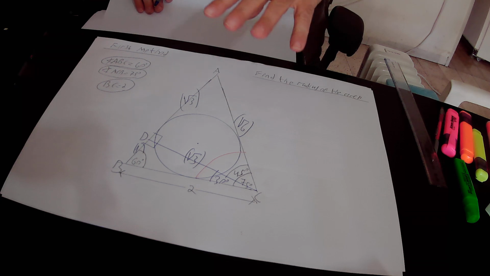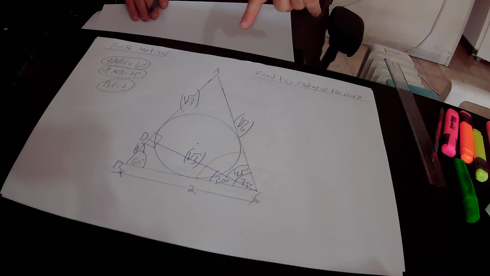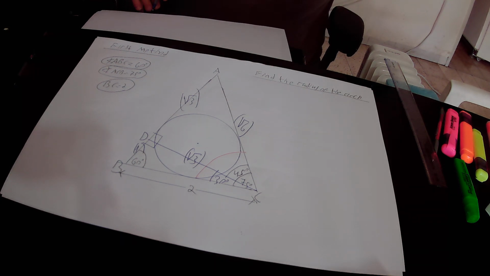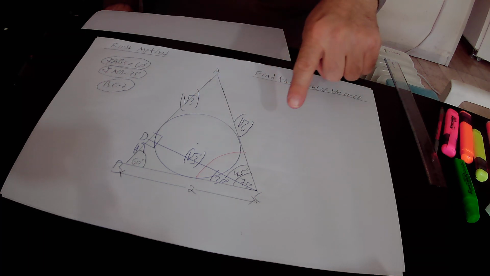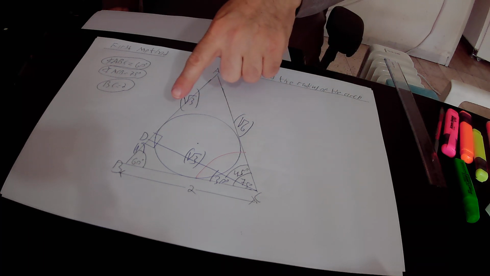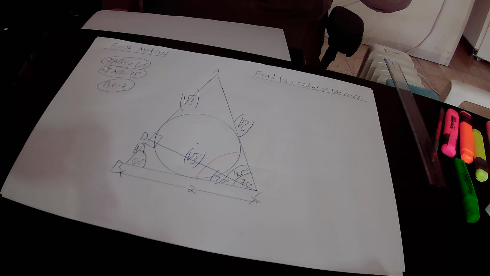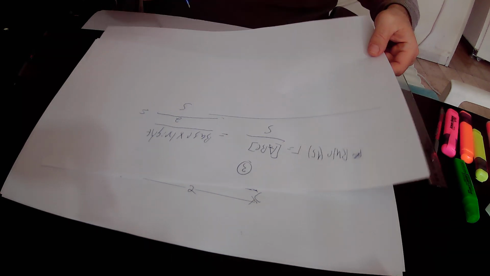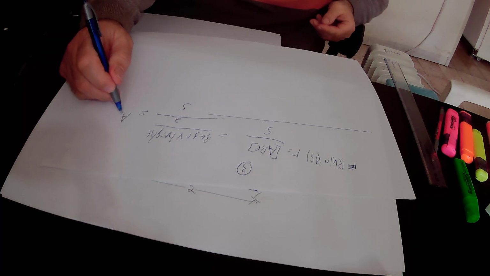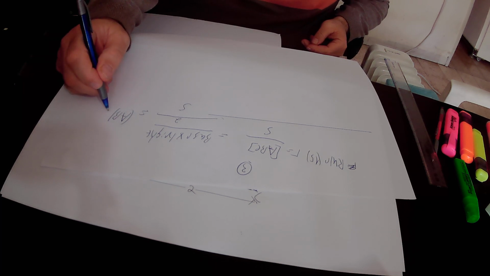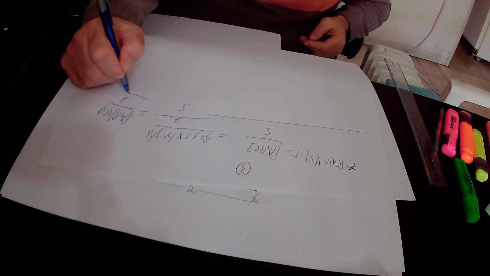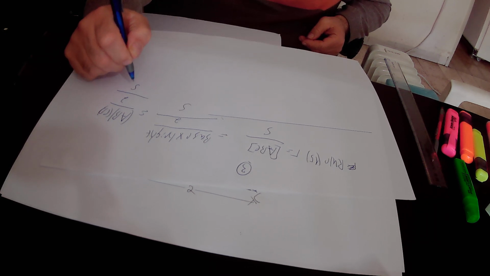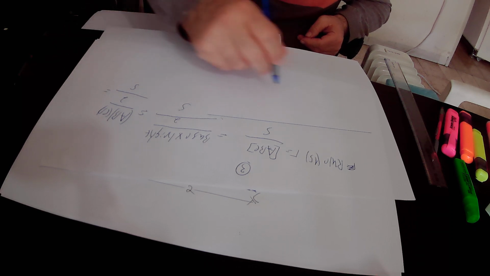So we choose the base of this triangle ABC as AB, and the height to the base will be CD, because CD creates 90 degrees with the base AB. Again, the base is AB, and the height to the base is CD, divided by 2, all divided by S, that is the semi-perimeter of the same triangle ABC.